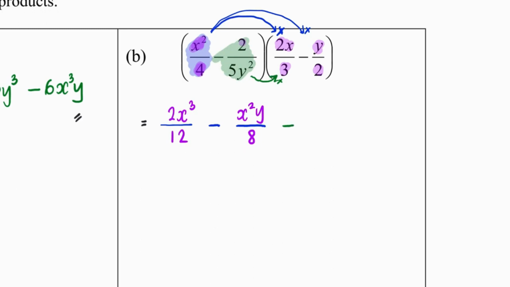Again, it is the numerator multiplied by numerator, in this case 4x, over denominator multiplied by denominator, 15y squared. Negative multiplied by negative will give me positive. Numerator multiplied by numerator, this will be 2y. Denominator multiplied by denominator, 10y squared.